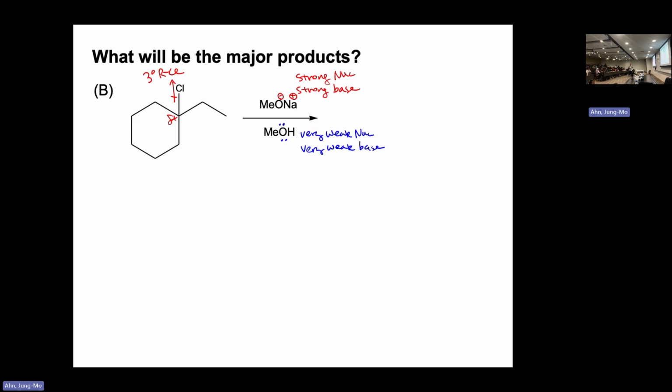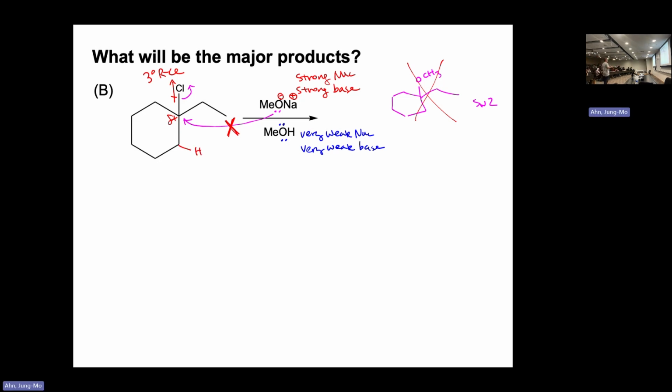The strong one will get the job done first. It's a tertiary alkyl halide, so imagine methoxide as a nucleophile making an attack, kicking the chlorine out. It's not a good idea, right? Because SN2 reactions on tertiary alkyl halides really, really don't go. I haven't seen them yet. So this is not going, not because this is not a nucleophile, but because this is a tertiary alkyl halide.